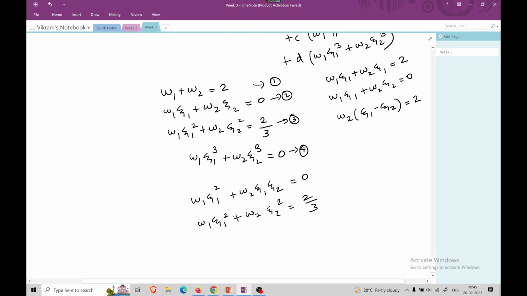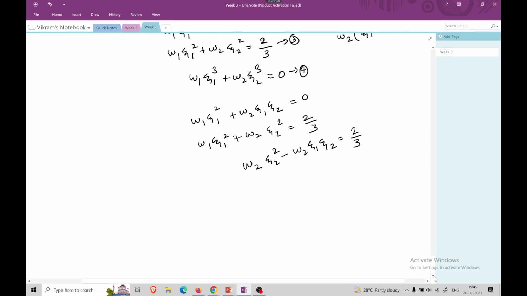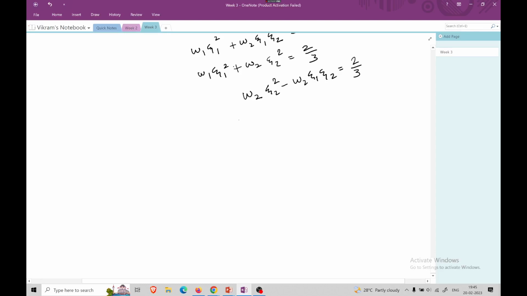I am going to subtract both, so these two terms will vanish: w2 into eta 2 square minus w2 eta 1 eta 2 is equal to 2 by 3. If I take w2 eta 2 common, w2 eta 2 into eta 2 minus eta 1 is 2 by 3.